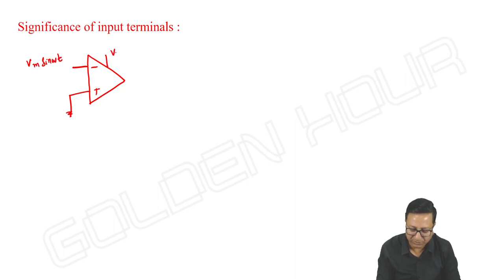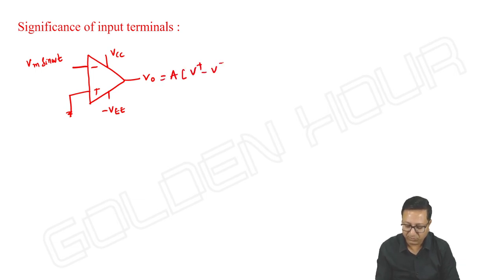It has two power supplies, VCC and minus VEE, and output V output. Then what is the output? It is A into (V plus minus V minus), in which V plus is 0. So it is equal to A into (0 minus Vm sin omega t), which is equal to minus A into Vm sin omega t.